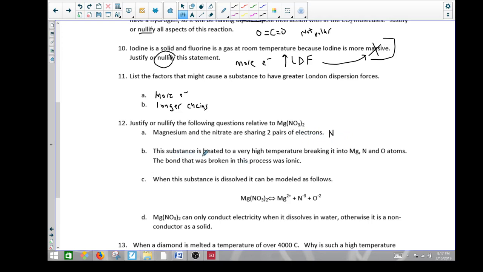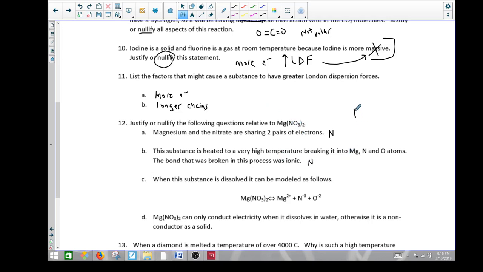The substance is heated to a very high temperature, breaking into magnesium, nitrogen, and oxygen atoms. The bonds that are broken in this process are ionic. Well, that technically would be nullify. So in this situation, we have two different types of bonds here. I even just told you it's ionic, but now I'm telling you I'm nullifying that.